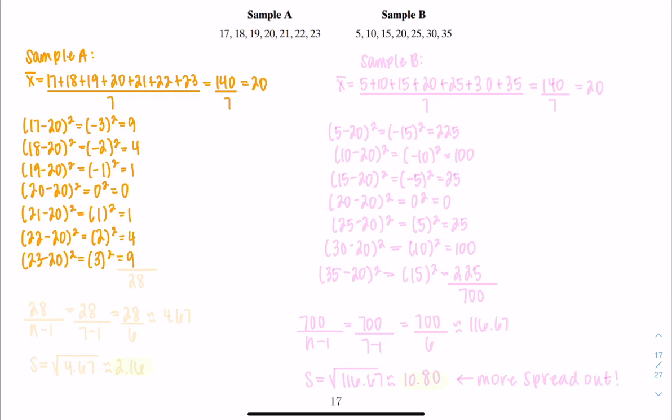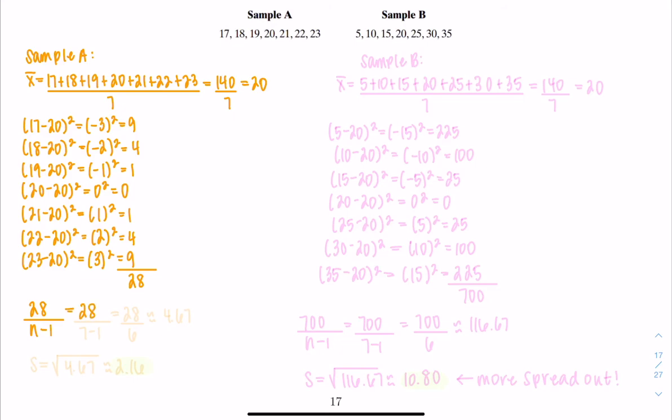And so what we want to do is we're going to add up all of those numbers we just found. So add up 9, 4, 1, 0, 1, 4, and 9. And I got a total of 28. So we're going to take this 28 and we're going to divide by n minus 1. Well, our n in this case is 7.